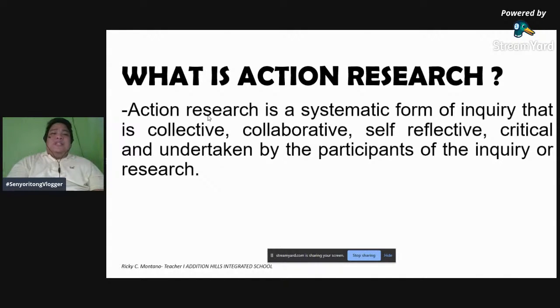So you need a collaborative effort, and of course self-reflective. If there is a collaborative effort, then definitely there will be critics. Criticism is very important. We have to take it constructively in order for us to improve.